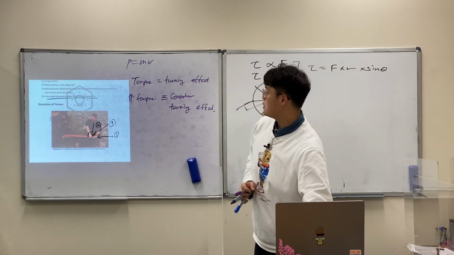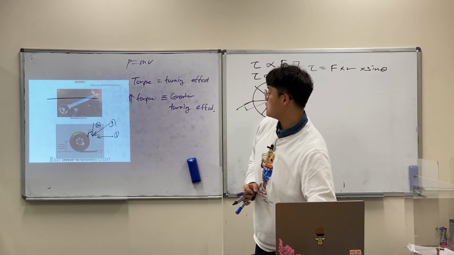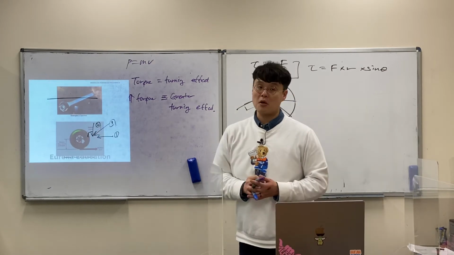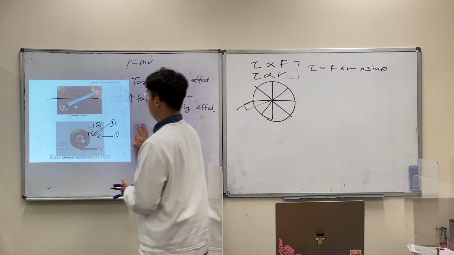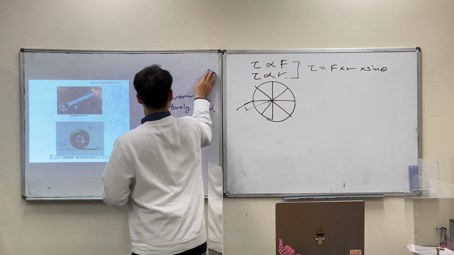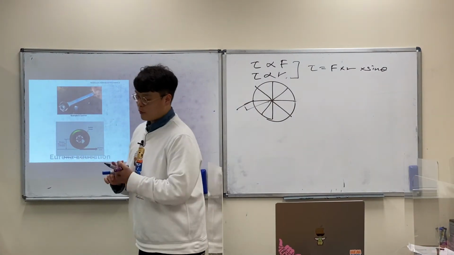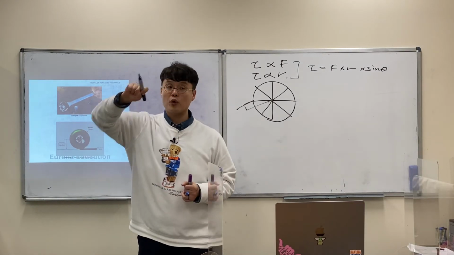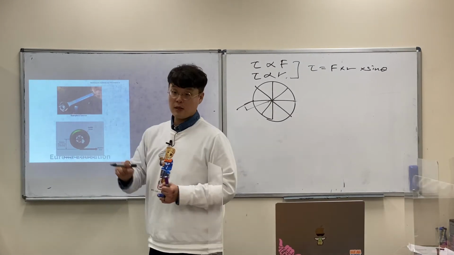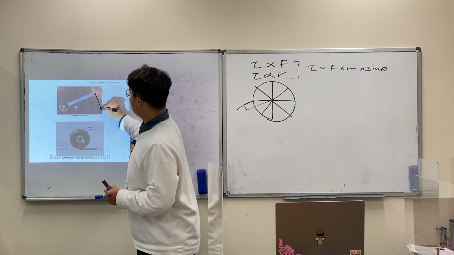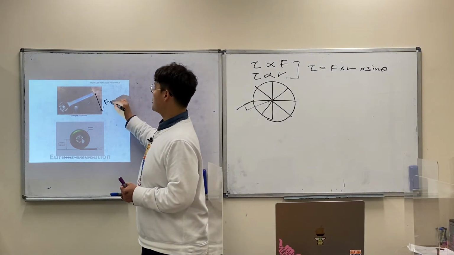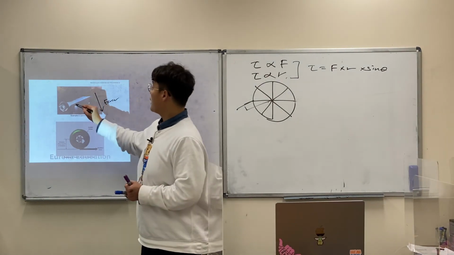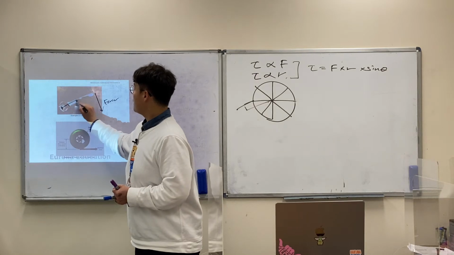Let's think about a different situation. Example 2. The spanner is a good example of a turning effect as well. Now, can you think about the point here? When you want to rotate the nut, you need to apply the force in this direction. This is the direction of the force. That would be the direction from the lever here.